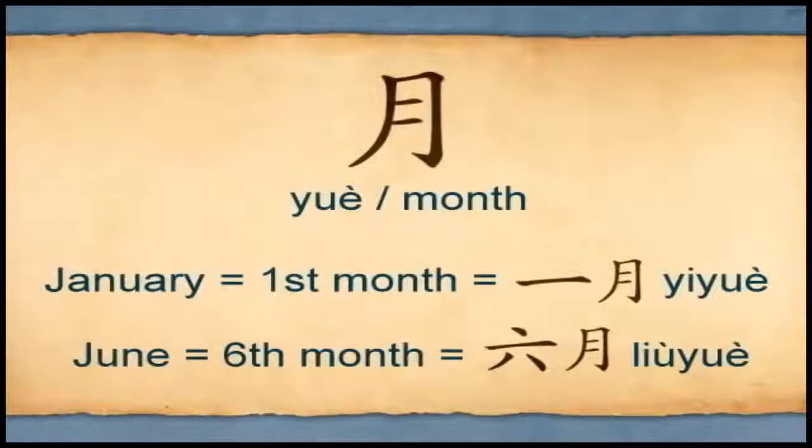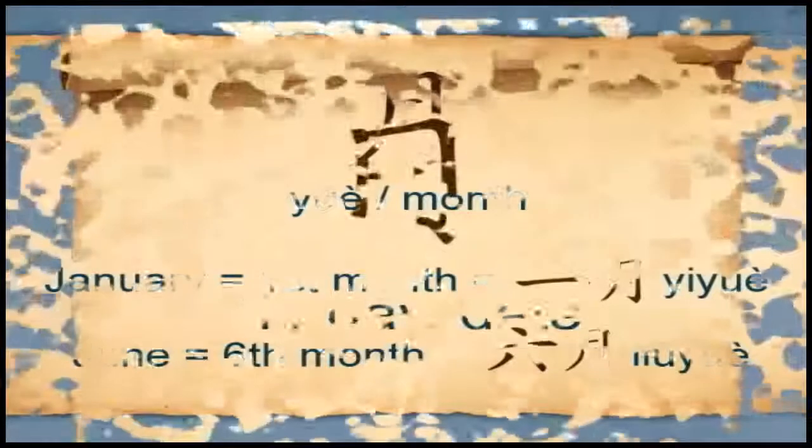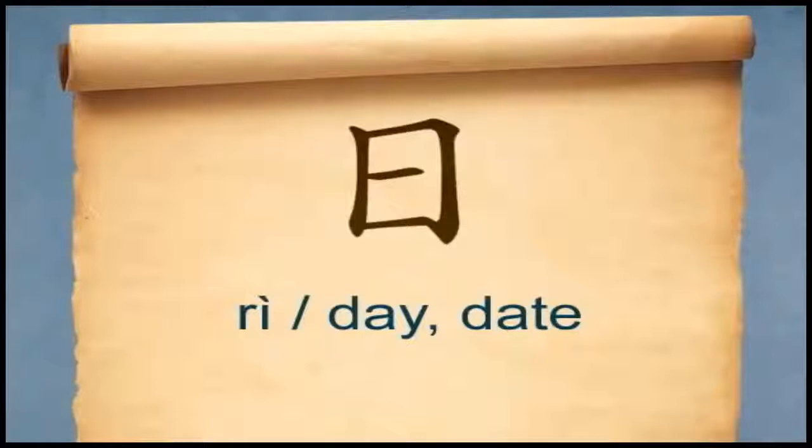What is the word for day in Chinese? 日. Say 日 after me. 日. Good. Does the number of the day come before or after the word 日? It would come before. Very good.